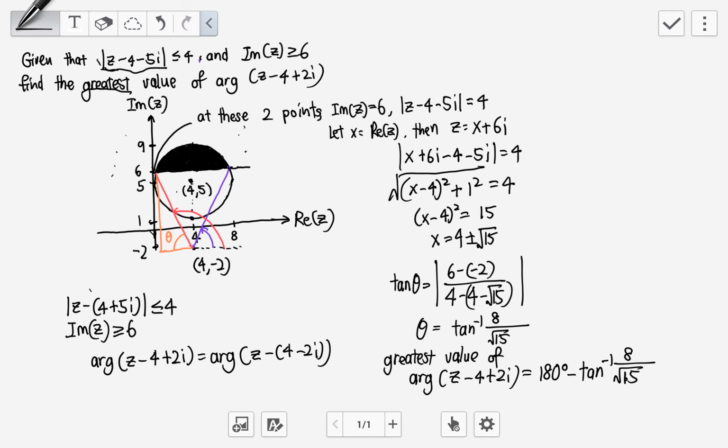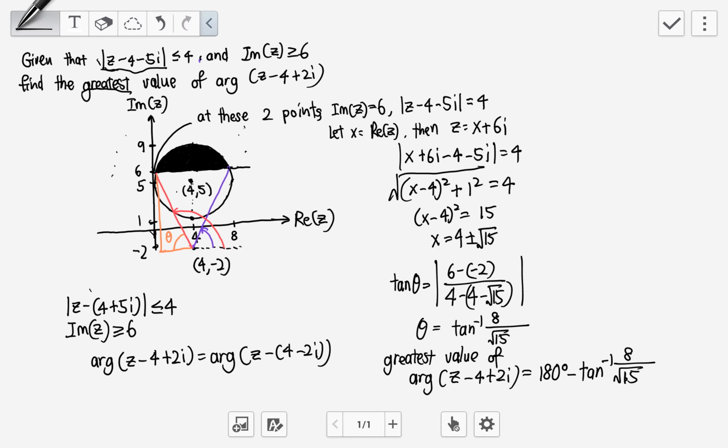So now they ask us what is the greatest value of the angle that z makes with the point. Again, I factorize out the minus 1, and I get these two are equivalent. It's equal because I'm just taking the minus out. So then it is 4 minus 2i.